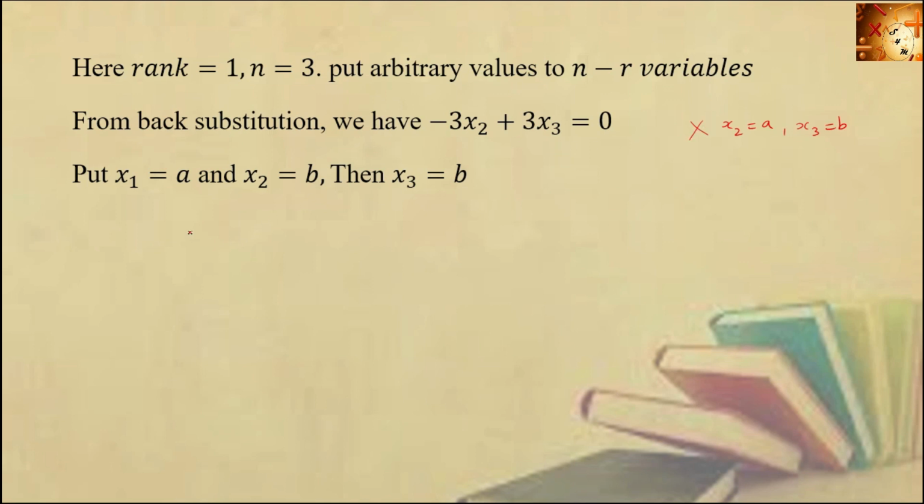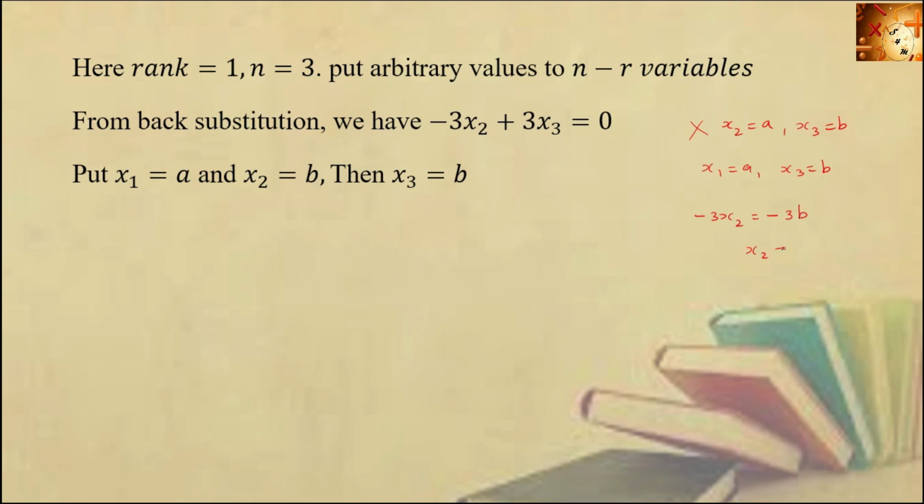So substitute x1 equal to a, then any other variable as b, whether x2 equal to b or x3 equal to b. When x3 equal to b, from the equation we have minus 3x2 equal to minus 3b.